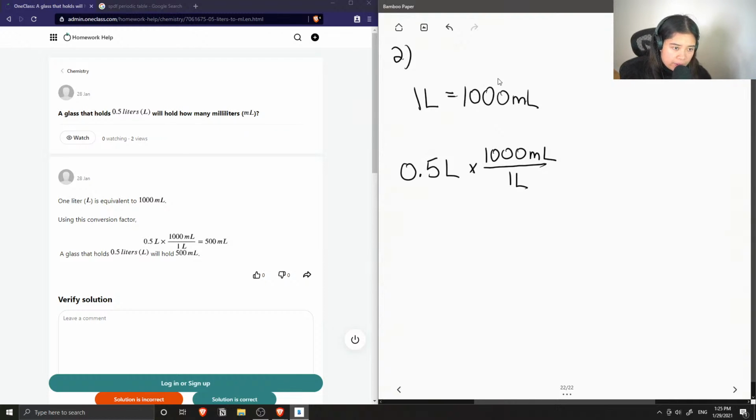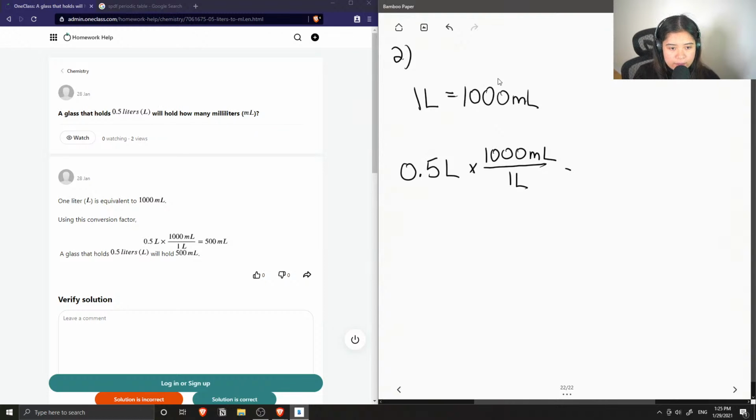For example, if the liters was in the denominator instead, then we would multiply with the liters in the numerator if we wanted to get rid of it. But since liters is our main unit, we would multiply by 1,000 milliliters over 1 liter.